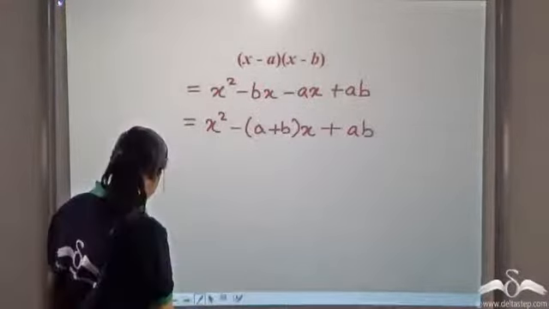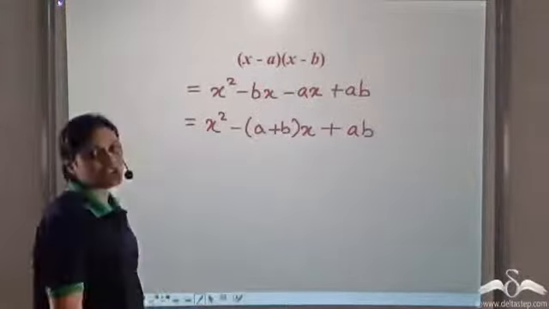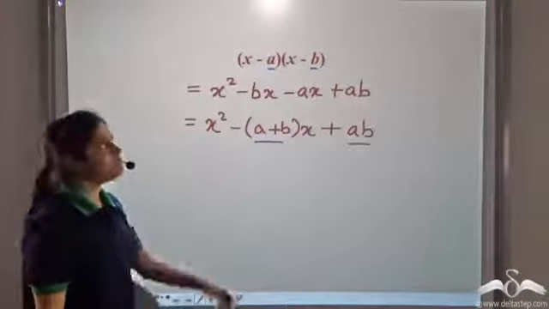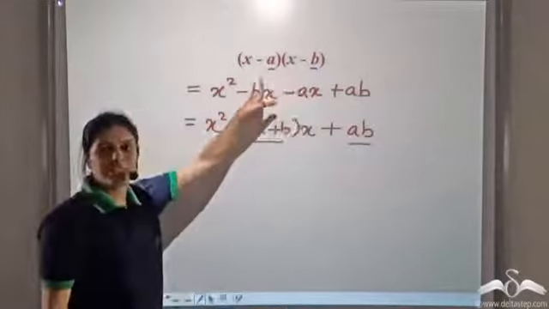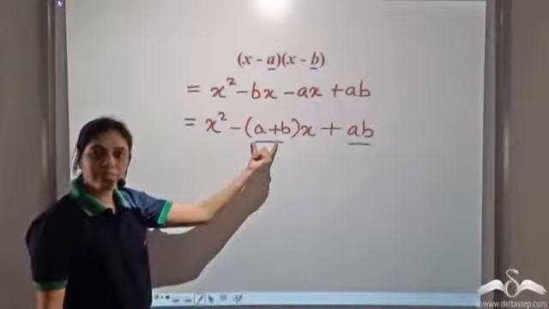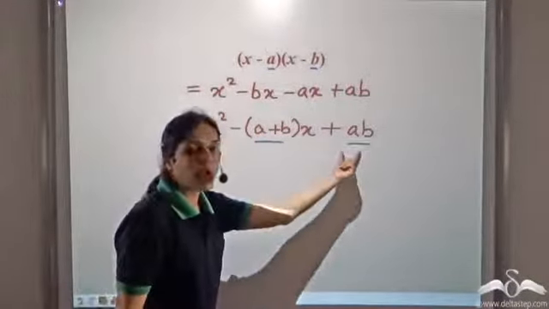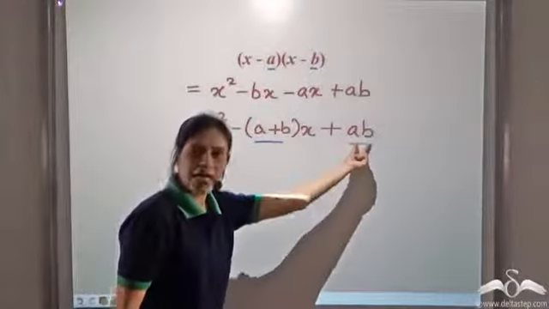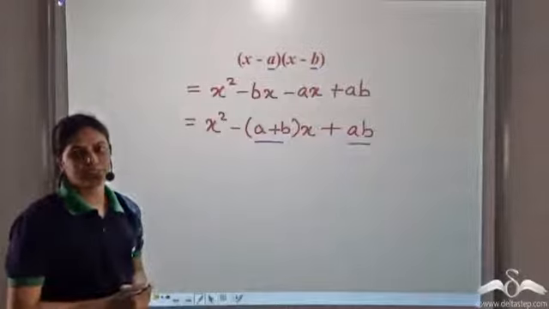Now, if we impose the restriction that a and b are integers, then this will be an integer and even this will be an integer, because if two numbers are integers, then their sum will be an integer and their product will be an integer.